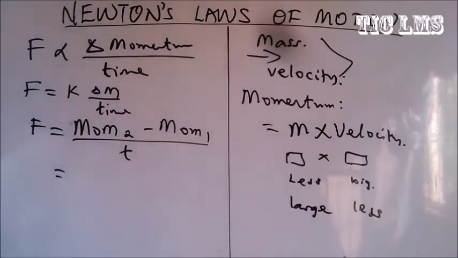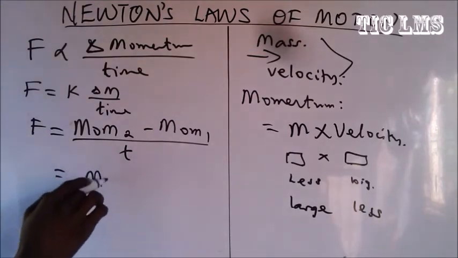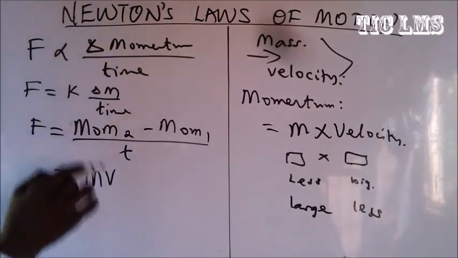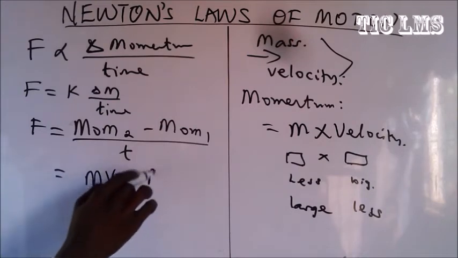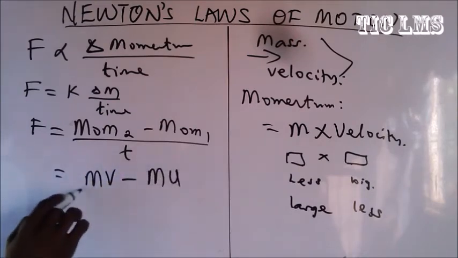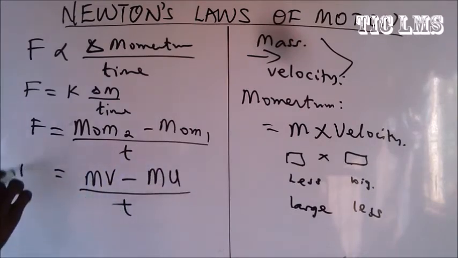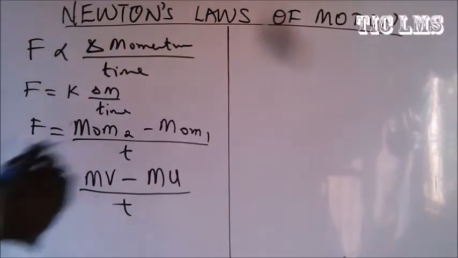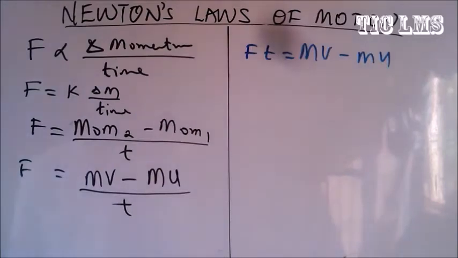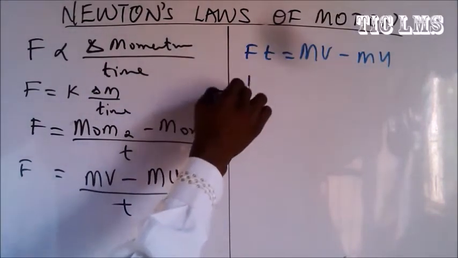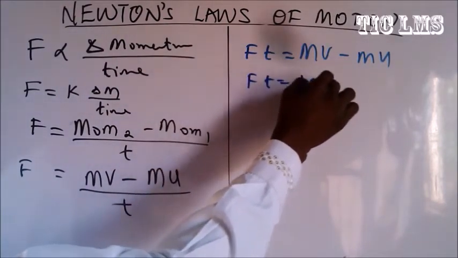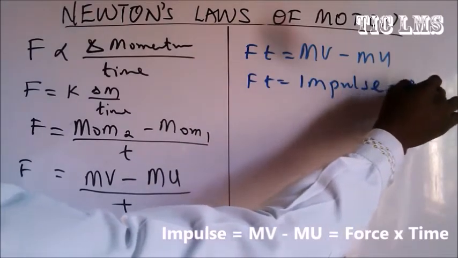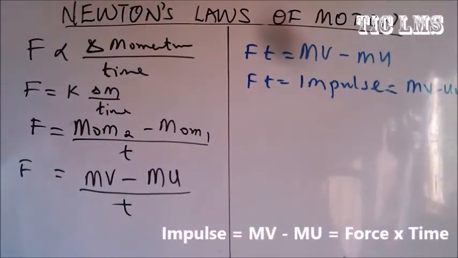And we do not forget that momentum is mass times velocity. So with the final velocity minus the initial velocity over time, that will give us our force. If we bring this t over here, we have Ft equals change in momentum, where Ft is known as impulse, and that impulse is also known as mv minus mu.